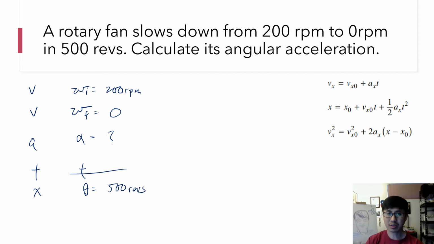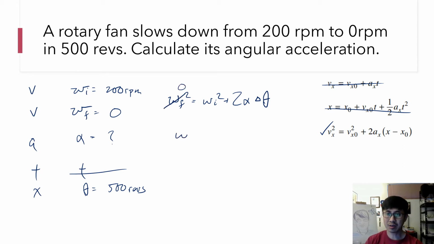Good. So we can't have time. So this has time, get out of here. This has time, get out of here. This is the equation we got to use. Omega final squared is equal to omega initial squared plus 2 times alpha times the change in angular displacement. Good. This is our 0.